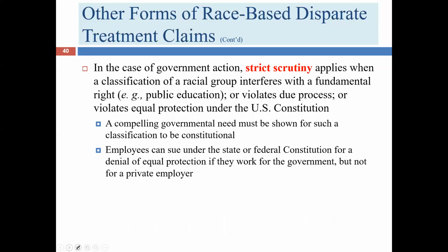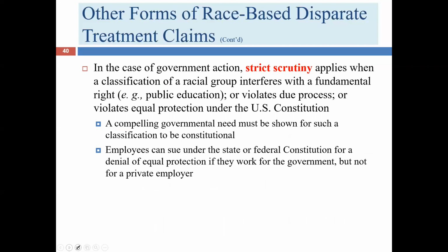Let's discuss the topic of strict scrutiny. Now, we've been talking about private employer action to this point, but of course, the government can also discriminate against people. And so the standard that applies when the government treats someone differently because of that person's race, we call that standard strict scrutiny.